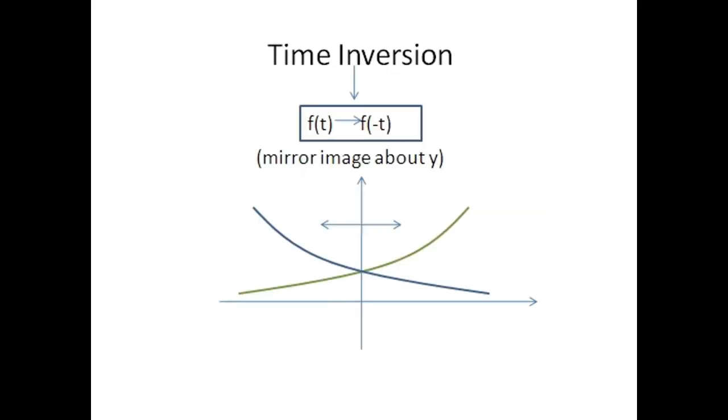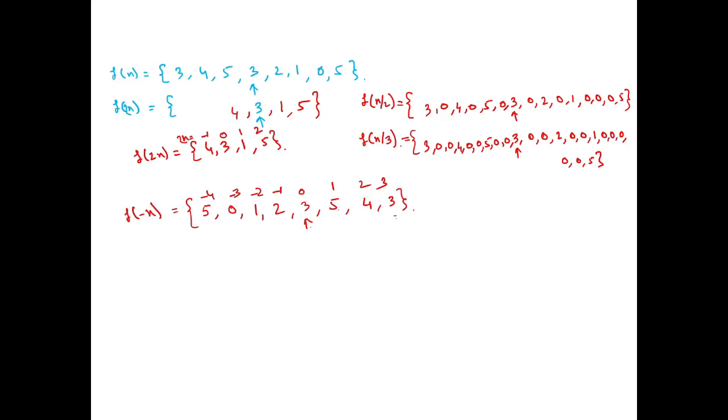So time inversion, we have already discussed that across the origin we will be flipping the values. Now if you see over here, when we have f of n, say this is the f of n, and now I am being asked to calculate f of 2n. So this is the origin. So 2n, how will you put? We have to slice some values.